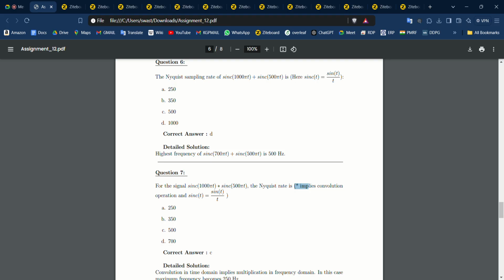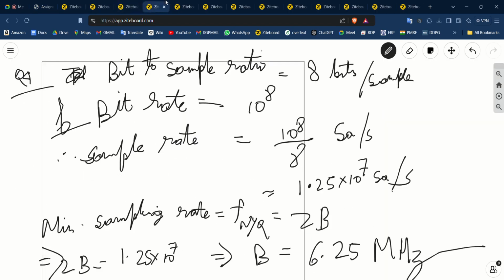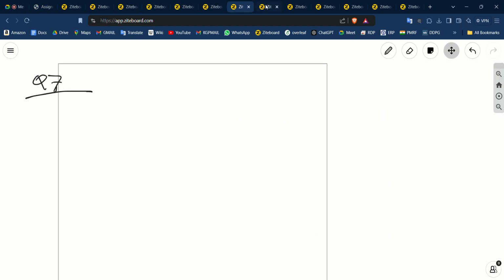So for the next part here, convolution. Here we will do a convolution in time domain, which implies there will be a multiplication in the frequency domain. So we have two sincs.